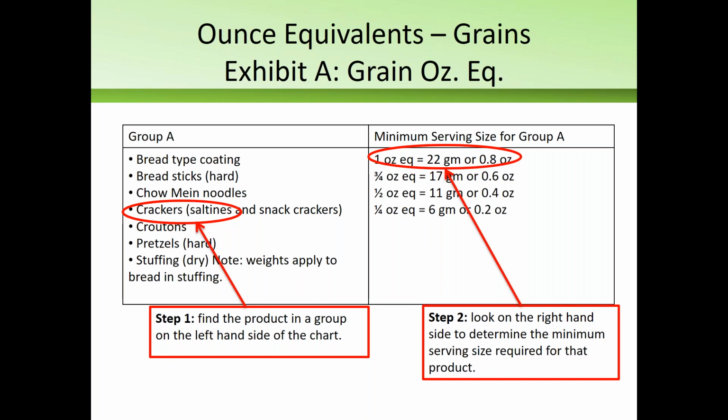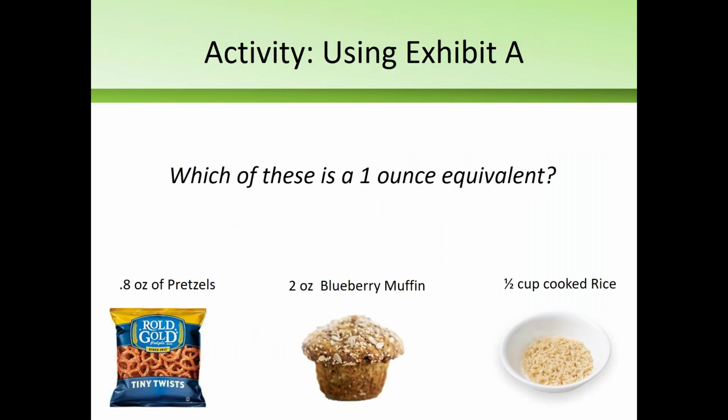If we look up crackers under Group A, this tells us that a 1 ounce equivalent of crackers equals 22 grams or 0.8 ounces of crackers. You'll notice that they actually credit more than other products, and this is because crackers are more dense compared to some other grains.